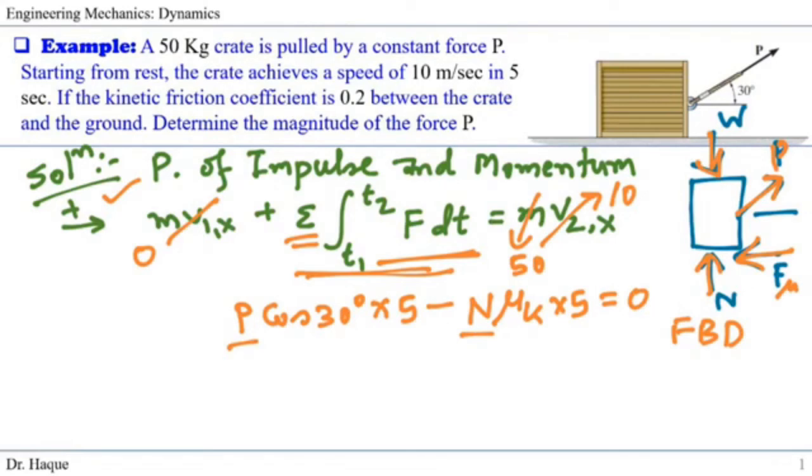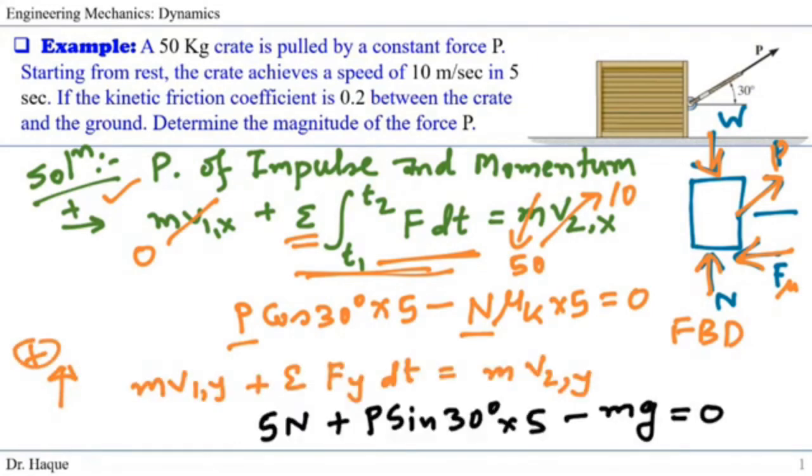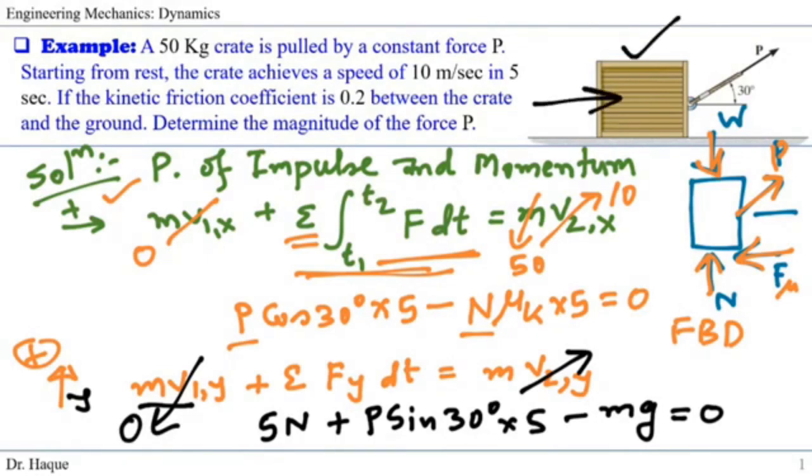What we can do is apply the principle of impulse and momentum in the y direction. Assuming upward is positive, we will have mass times velocity 1 in the y direction. It starts from 0, so 0. There is no velocity in the y direction at the end, because the crate is moving only along the horizontal path, so this velocity is also 0.